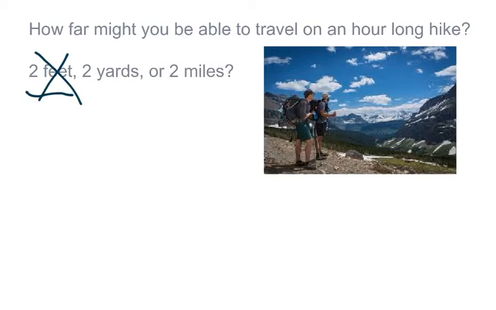So we have to think about 2 yards. So 1 yard is 3 feet. So 2 yards would be 6 feet. So that's about how tall my son is. So I think you could walk further than that. So the correct estimate would be that in an hour you could walk 2 miles.